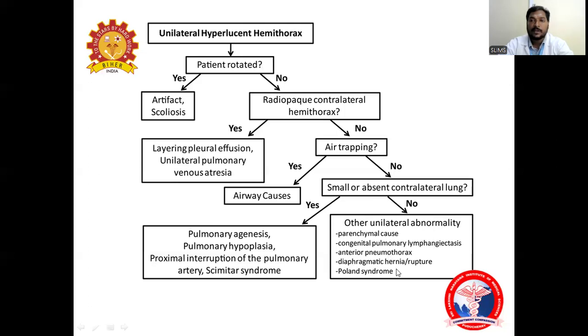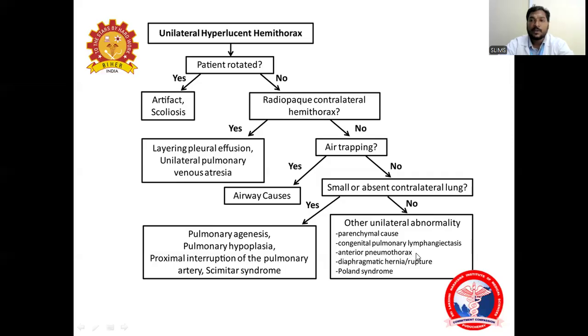In Poland syndrome, the ipsilateral muscles may be absent, so more X-rays will penetrate on the affected side, leading to unilateral hypolucency. In case of diaphragmatic hernia or rupture, the abdominal contents may herniate, and a mediastinal shift will be seen, leading to ipsilateral hypolucency.